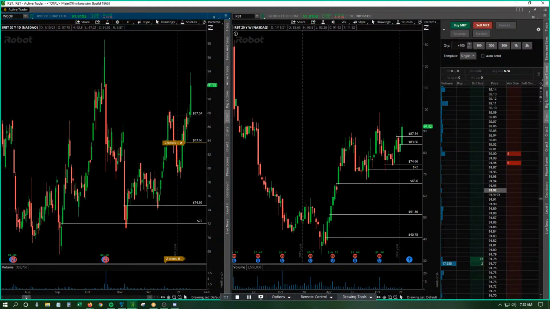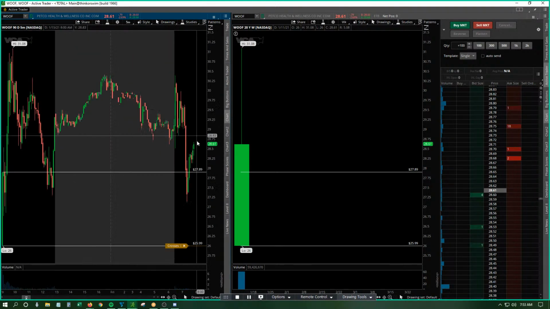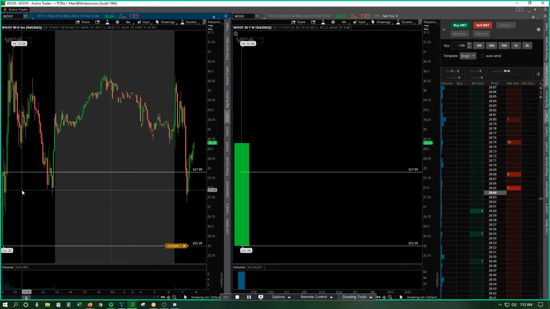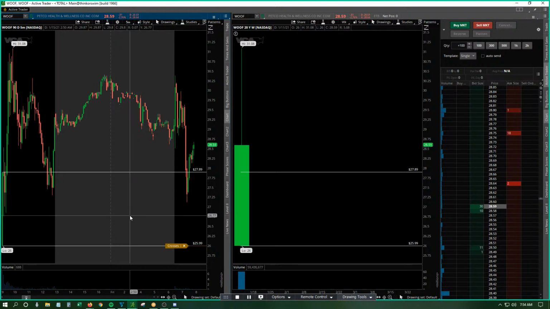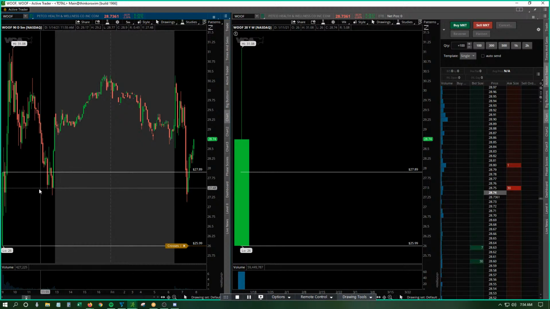Take a look at some recent IPOs. Woof. Oh, pulled back. 27.50 on Wolf.